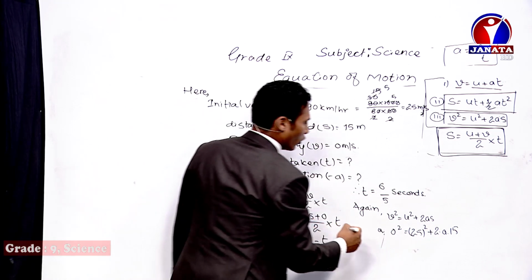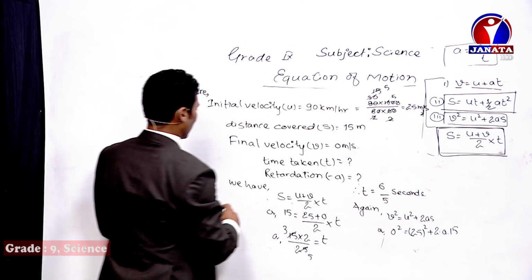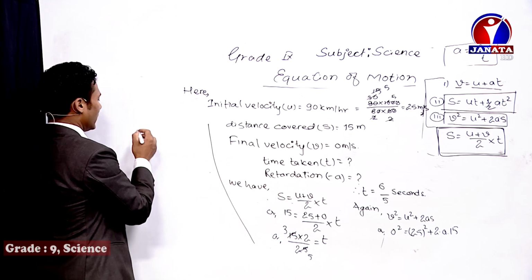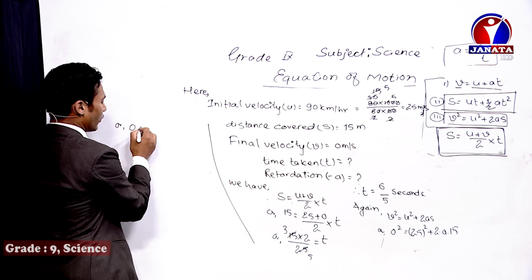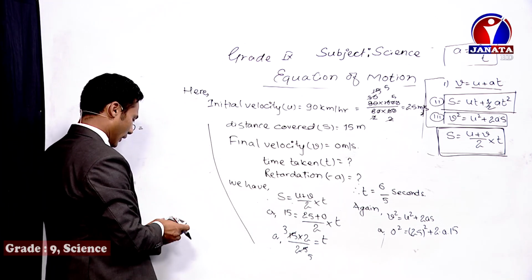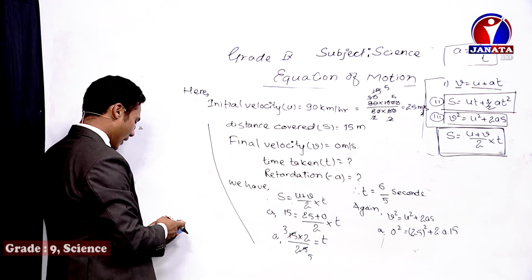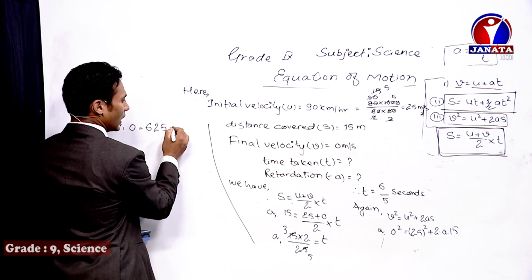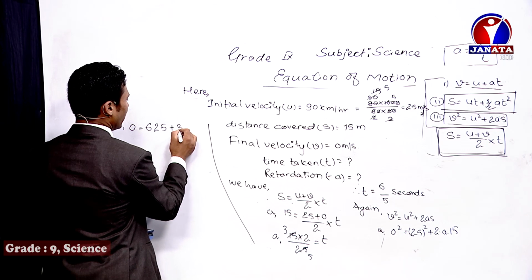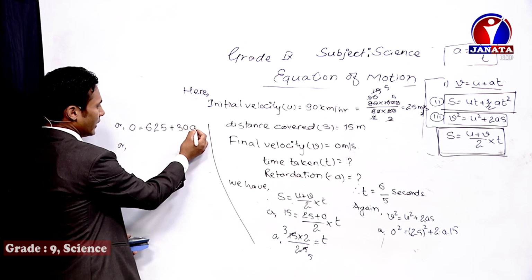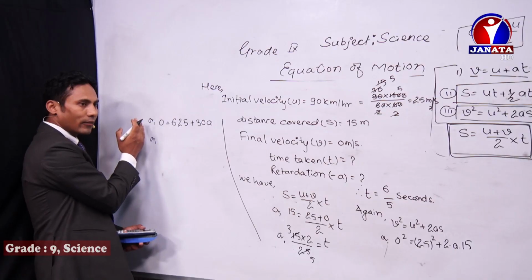So one more step here. Let me write down in this place. So this one is 0 equals 25 to the square. 25 to the square gives 625. 625 plus 15 into 2 is 30A. If you simplify this, then this 30A we will take to the left hand side, right?